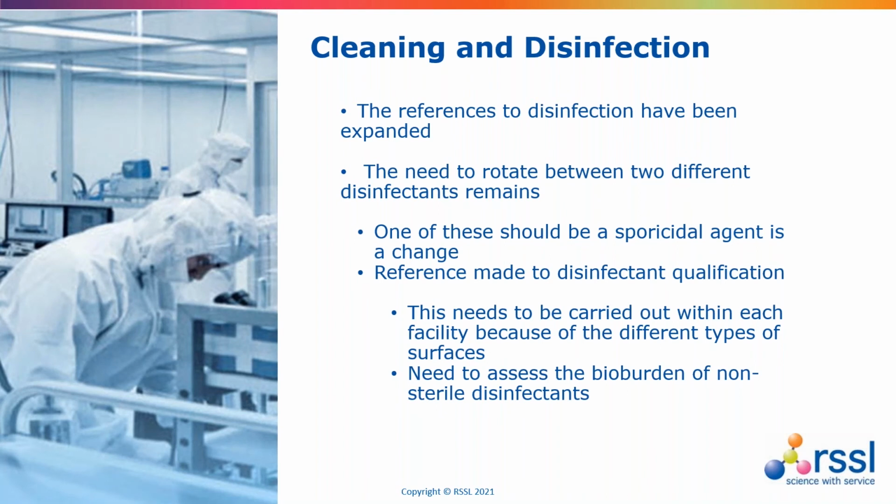Now it's indicating that a sporicide is required as part of that pattern. And in terms of disinfectant qualification, the importance is firmly on surface testing, as opposed to the slightly looser suspension testing.